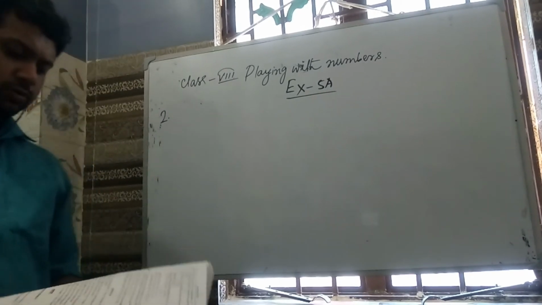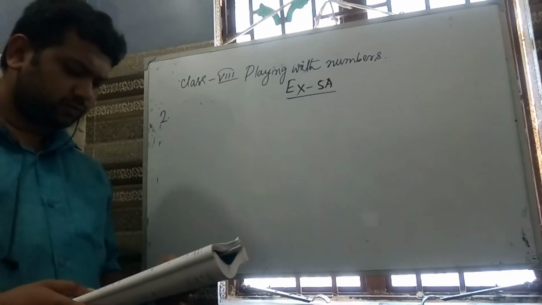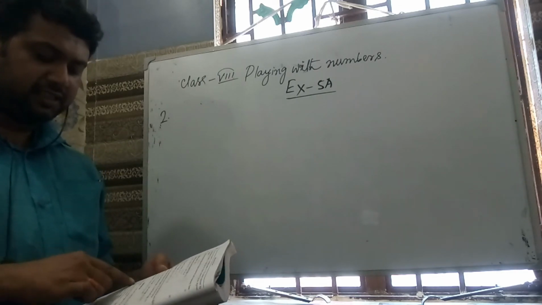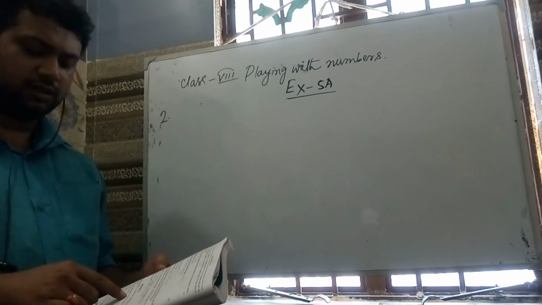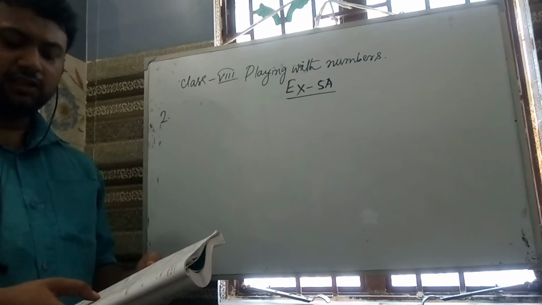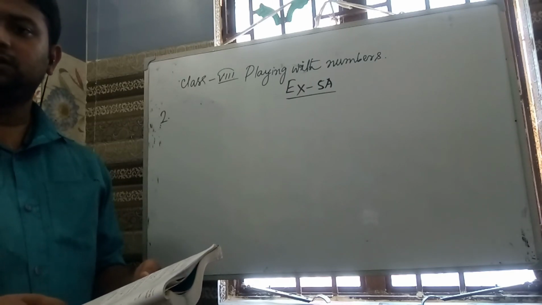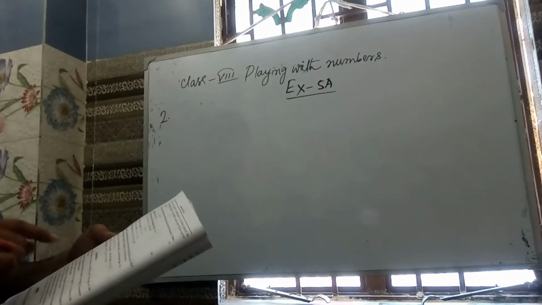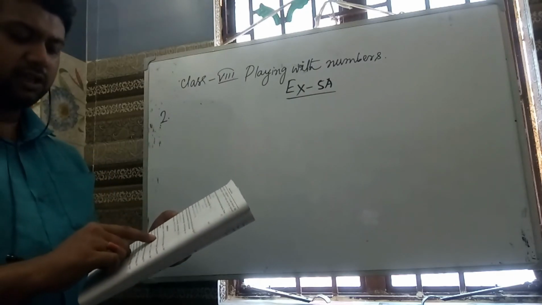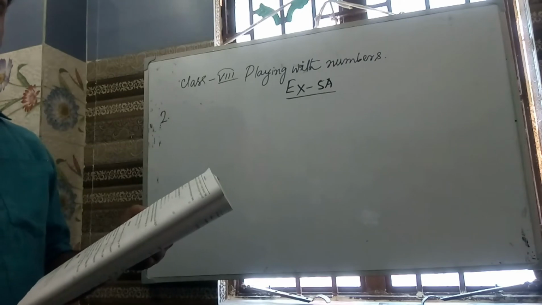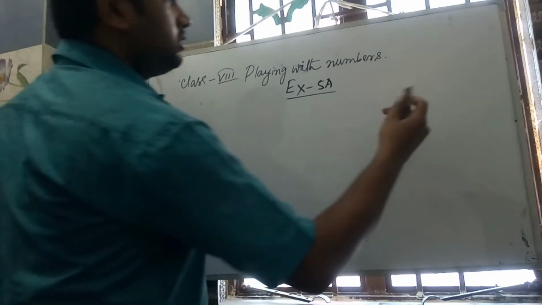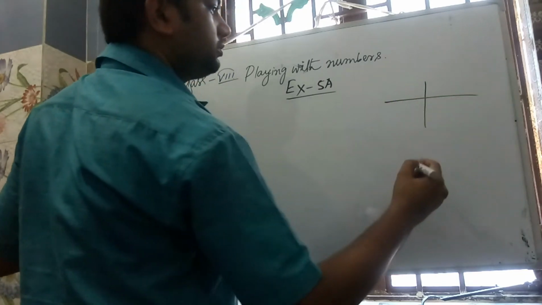Okay, in question number 2, what is given? In a 2-digit number, the digit at the unit place is double the digit in the tens place. Read it carefully. First of all, we will construct this box.